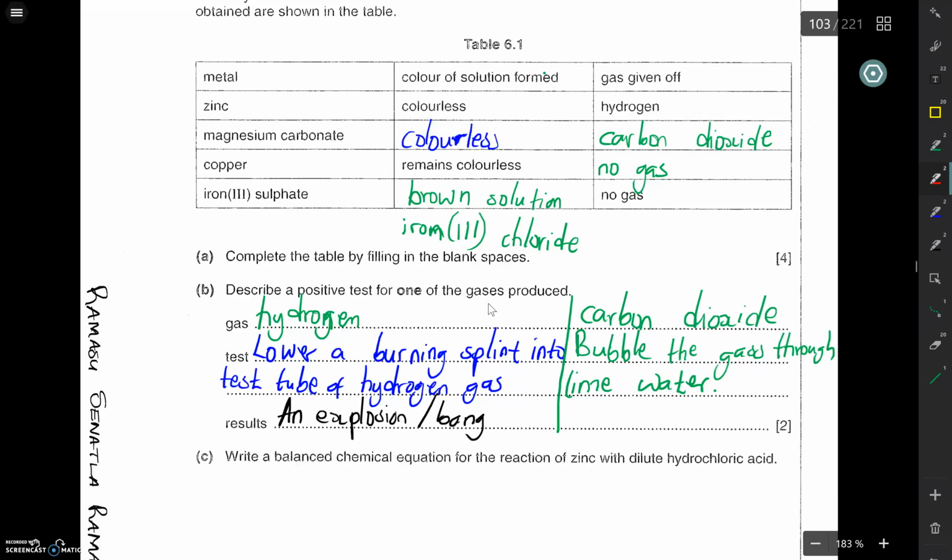Your positive result would be that the lime water turns white or milky, or you could say a white precipitate forms.